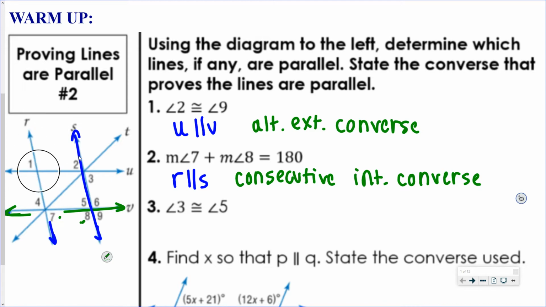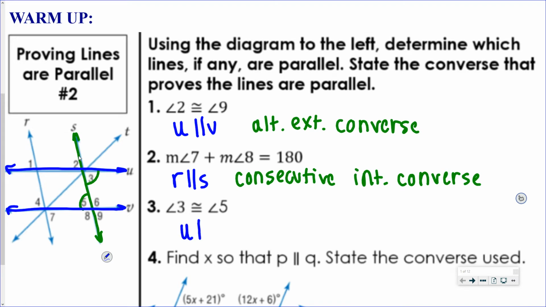Okay, last one. We know angle 3 is congruent to angle 5. So my transversal in this case is line S again. So we're trying to show or determine if U and V are parallel in this case. Is that enough information to determine U and V are parallel?